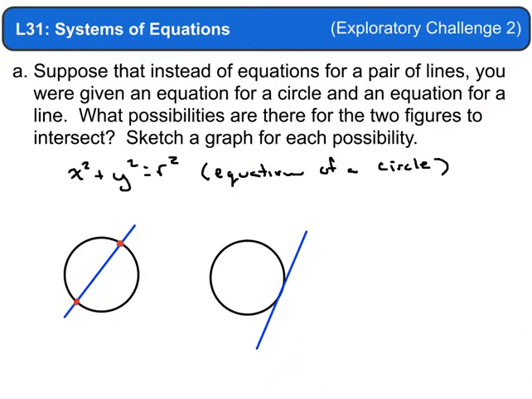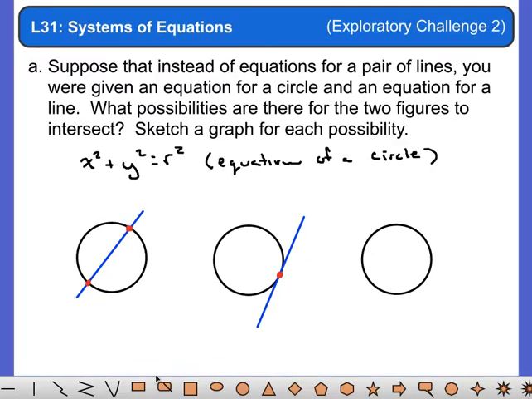And if it barely grazes the edge, that means it interacts with that circle at only one point. Right? So there's also another possibility. Can you think of that possibility? That I have a circle, and it's quite possible that that blue line will completely miss that circle.